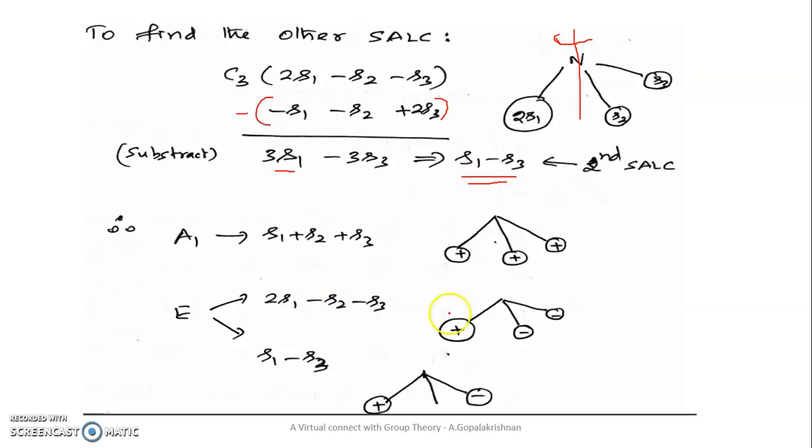In 2s1 minus s2 minus s3, you are multiplying s1 with 2, so this orbital has larger size. So 2s1, and since this is positive, you give plus sign; since these two are negative, put minus minus. Then the last one, s1 minus s3: s1 positive, s3 negative, and in the s2 place nothing. Are you able to understand? So these are the 3 group orbitals formed by the 3 hydrogen atoms of ammonia.